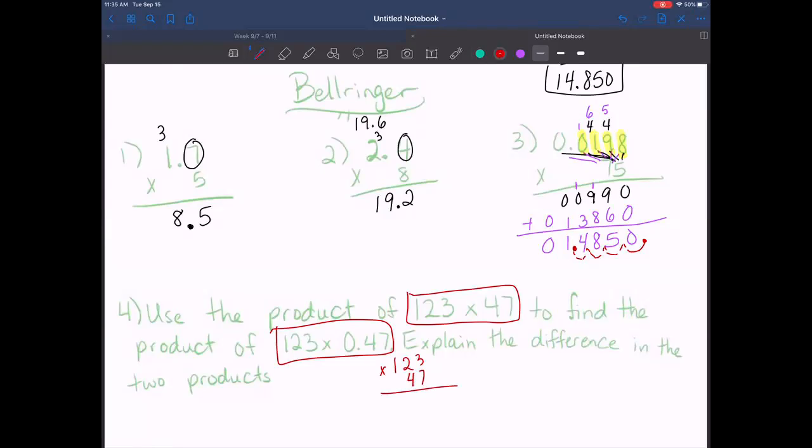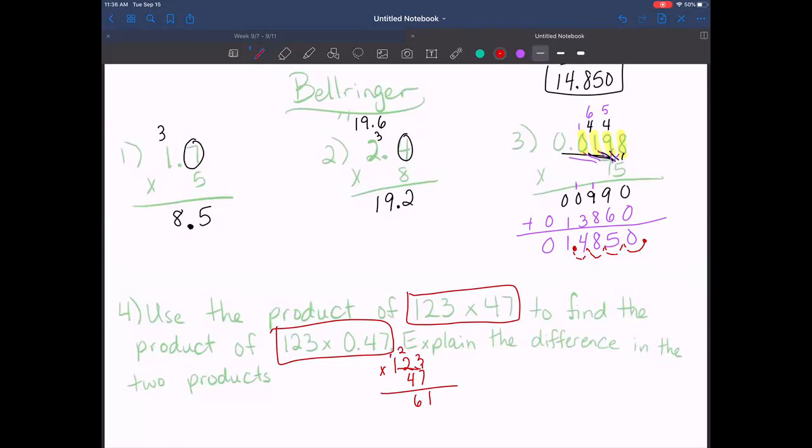When I multiply 7 times 3, that's going to give me 21. So I have to put the 1 down there, carry the 2. 7 times 2 is 14. Plus that 2 gives me 16. And then 7 times 1 is just 7, right? But I had that 1 up there, so I need to make sure that I'm adding it.